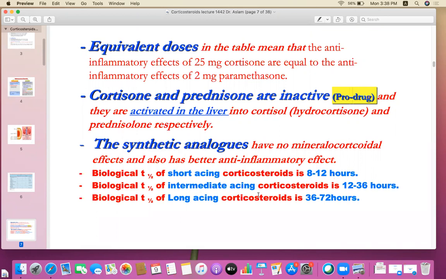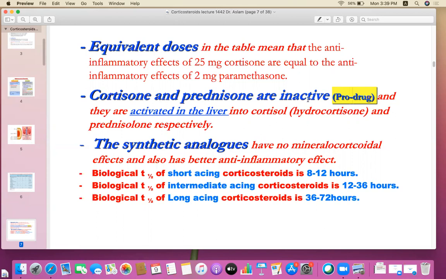For intermediate acting corticosteroid, it is 12 to 36 hours. And for the long acting corticosteroids, it is 36 to 72 hours. This biological half-life is very important to decide the frequency and the dose of the drug.